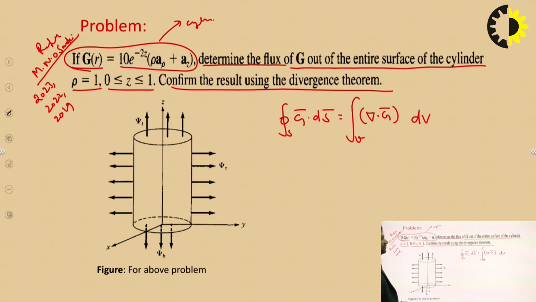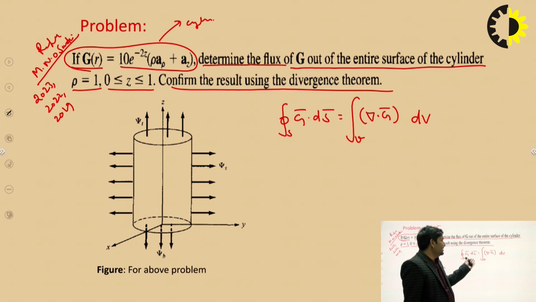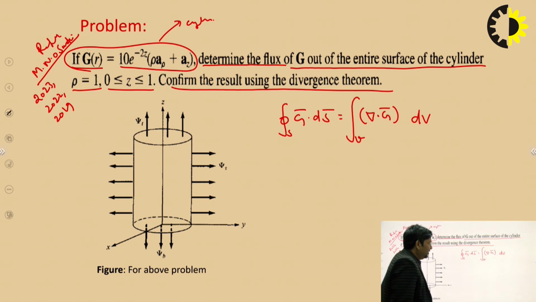So we calculate the LHS and RHS, finding the total outward flux by using G dot ds, and the divergence by using del dot G, integrated over that particular volume. The answer is the same, so we can say the divergence theorem is verified.